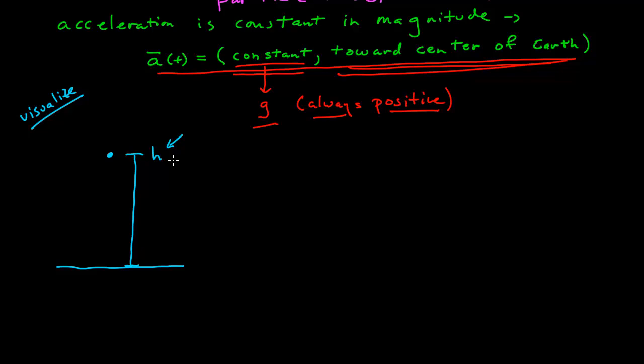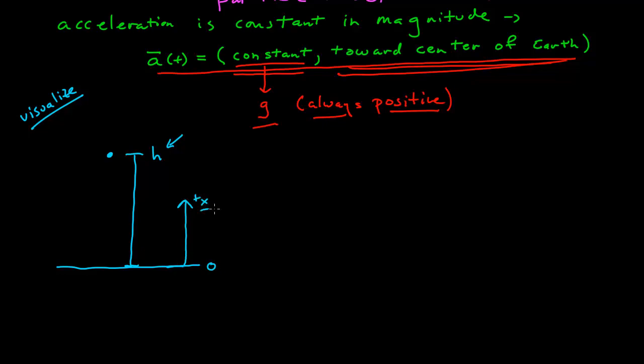Okay, so now I have a picture. I need a schematic and a coordinate system. So for a coordinate system, I need a 0 and a positive direction. So I could start my 0 axis where the ball's dropping. But for no particular reason, I'm going to call the origin of my coordinate system to be where the ground is.